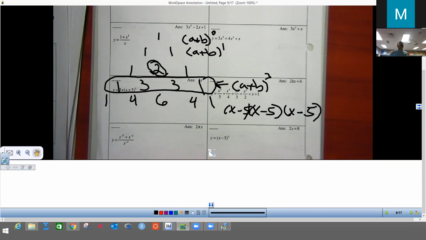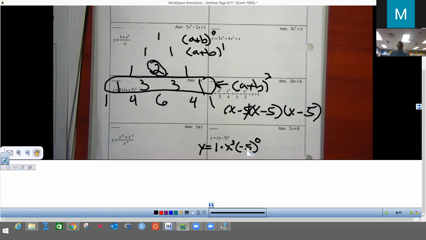So when I come down here and do this, y is going to equal, and I take that coefficient of 1. Now I usually wouldn't write that, but I'm just showing you where everything's coming from so you can see it. So I take that 1 from Pascal's triangle, then you come over here and you multiply whatever the first term is, which is that x, and you raise it to that power. And I usually wouldn't do this part either, but I'm going to today.